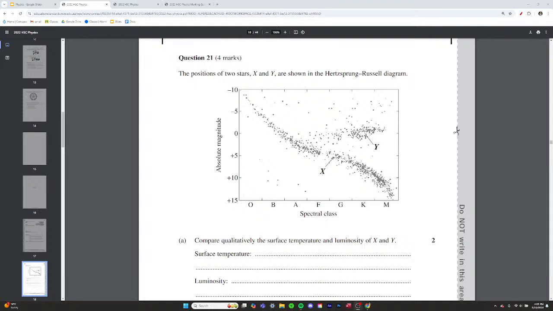The positions of two stars, X and Y, are shown in this HR diagram.